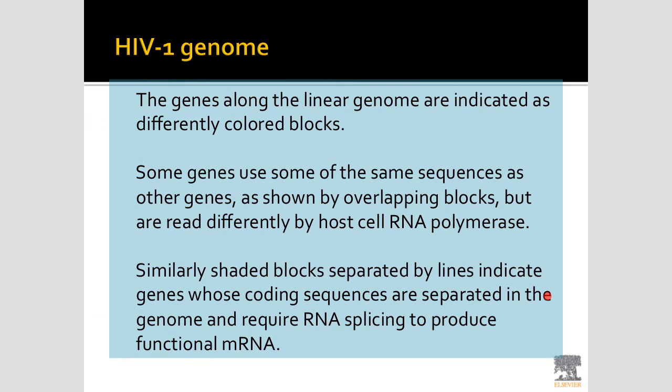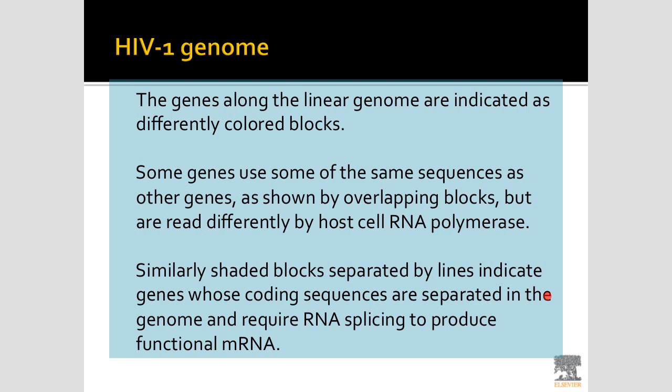Okay, now I just showed you the HIV genome. Keep in mind that I cannot show you both pictures at the same time. The linear gene map that you saw indicated different color blocks. What is an important thing other than the function of genes that I've given over there? Some genes use the same sequence as other genes.